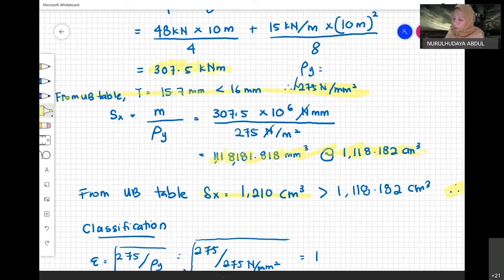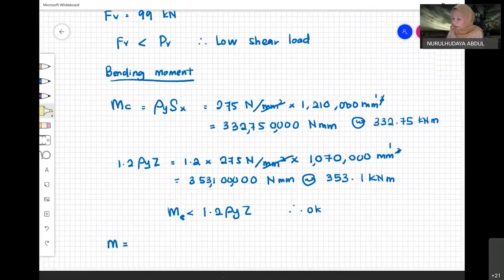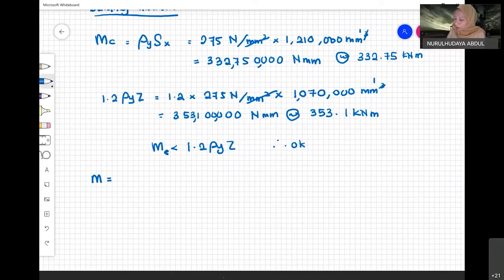But senang kita nak refer. It is 307.5. Just put it down here. But we need to plus with self weight punya moment. Self weight of beam punya moment.